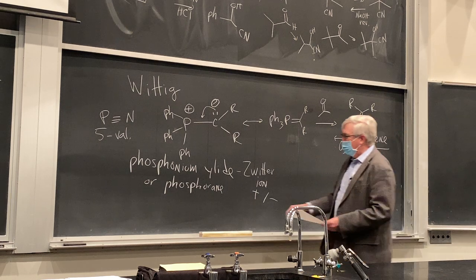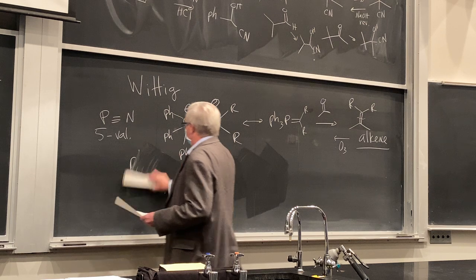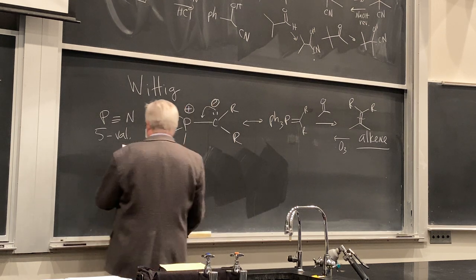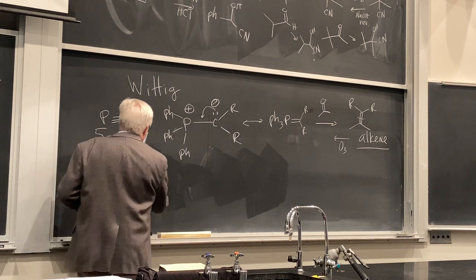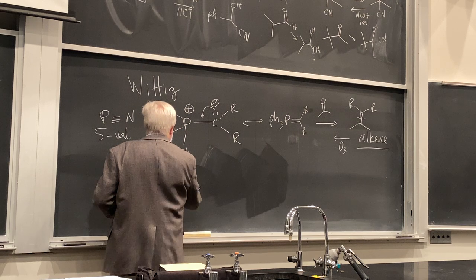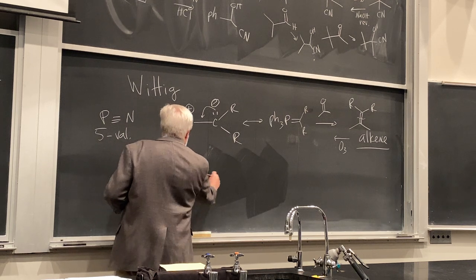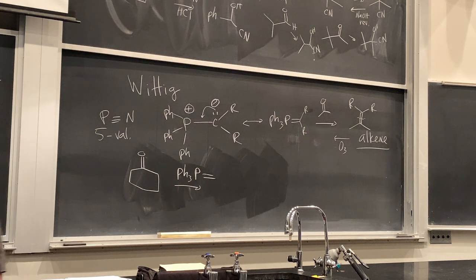Let's look at some other examples here before we get into the mechanism. Of course, we will. How about if we take this cyclohexanone and treat it with this Wittig reagent? Now, it's not an equal sign. What do I mean?